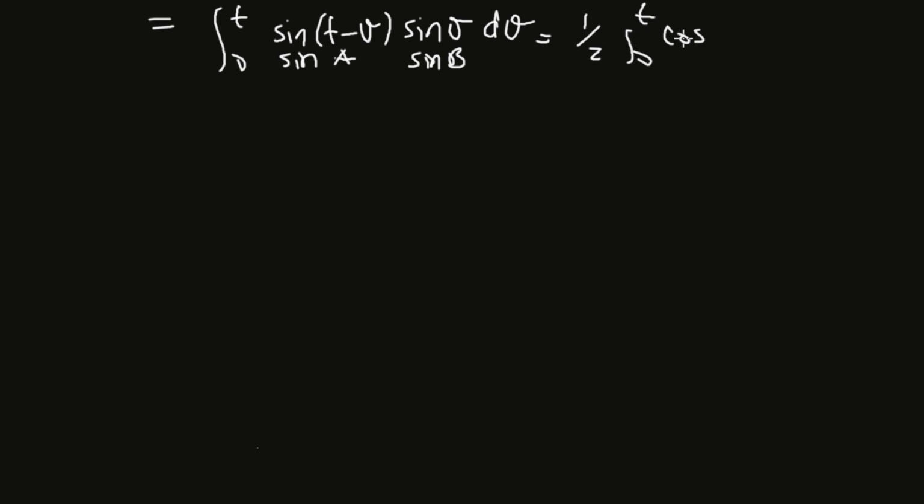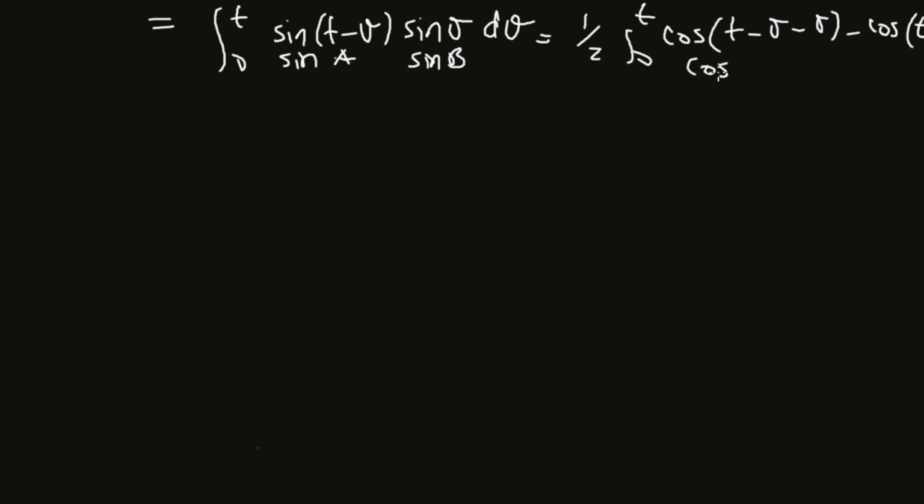So when you use that, it'll be cosine of t minus v minus v, minus cosine of t minus v plus v, dv.